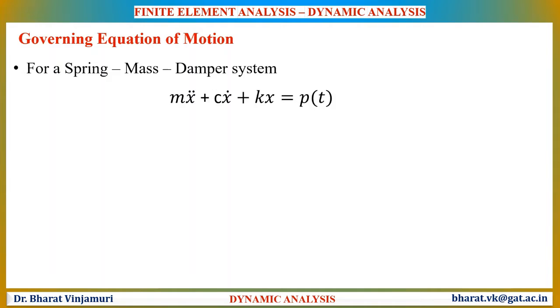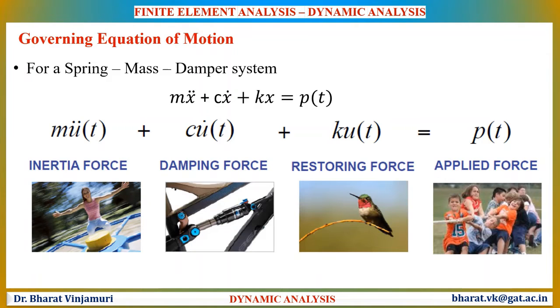Let us understand the various forces involved in a spring mass damper system. The equation of motion of a spring mass damper system, or any dynamic system, is as shown on the screen. It consists of majorly three forces: inertia force, damping force, and elastic force.